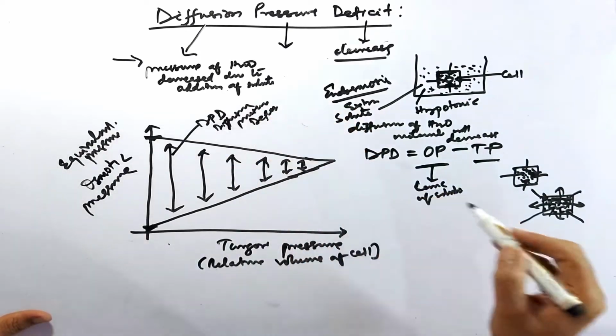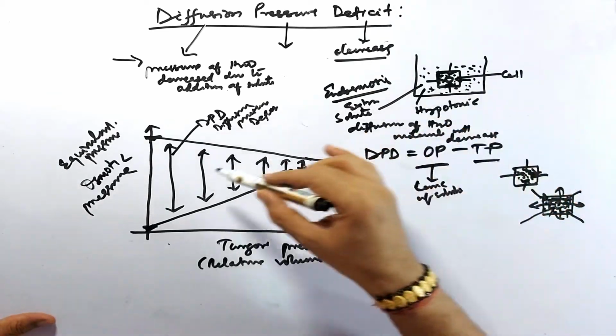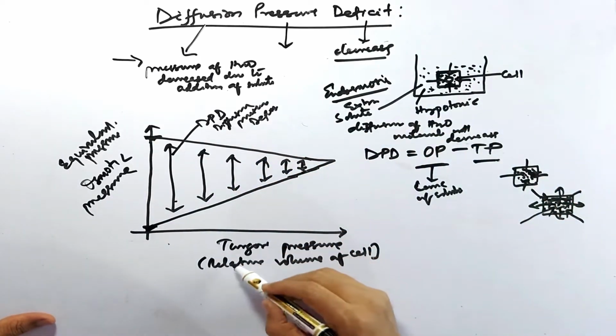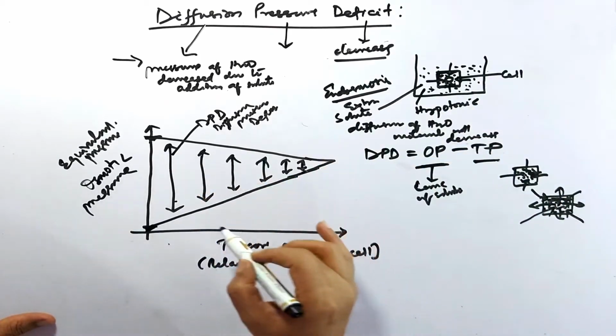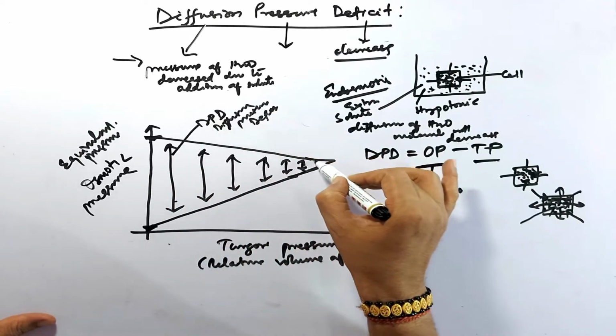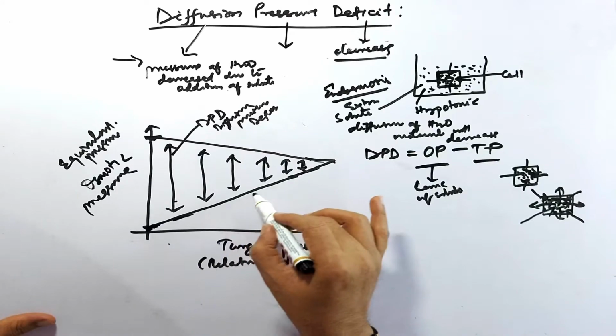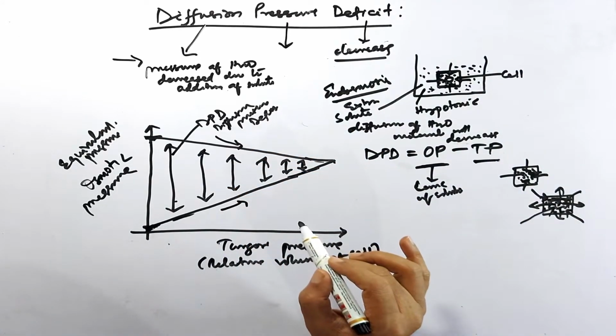When there is more difference between inside and outside, water enters the cell at a high rate. As water enters, the osmotic pressure decreases and the turgor pressure increases.